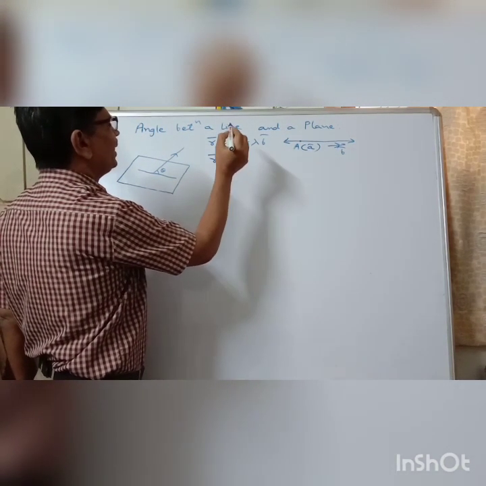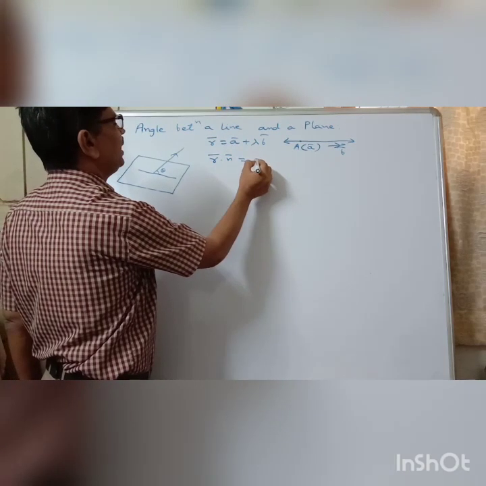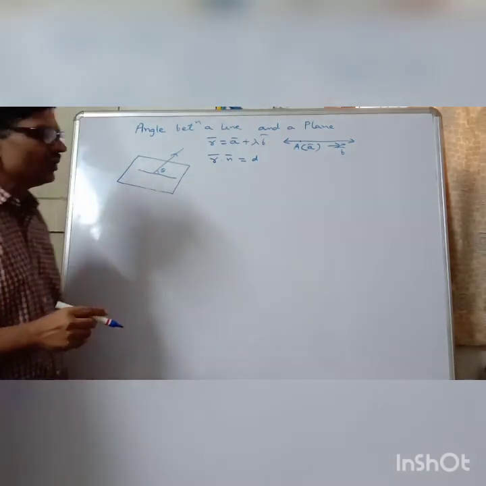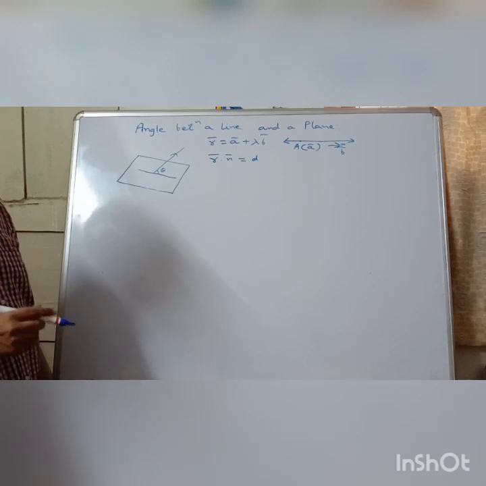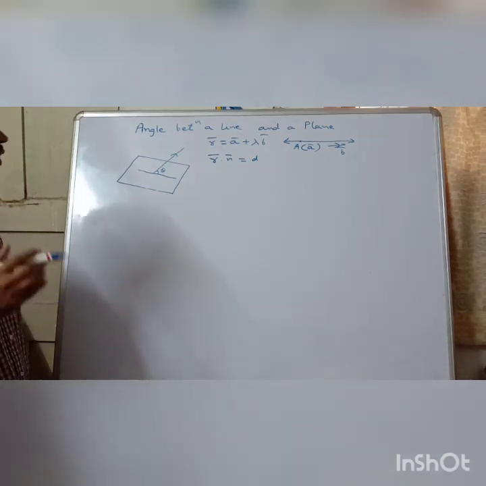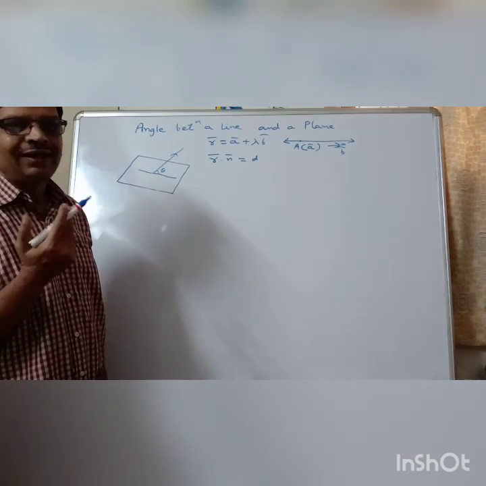R bar dot n bar equals D. N bar is a vector which is perpendicular, normal to the plane at any point.